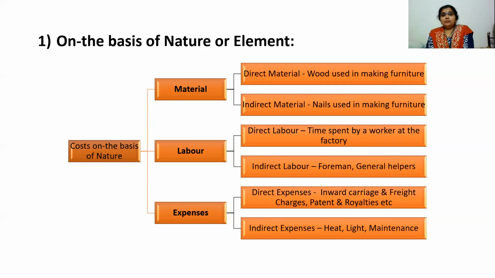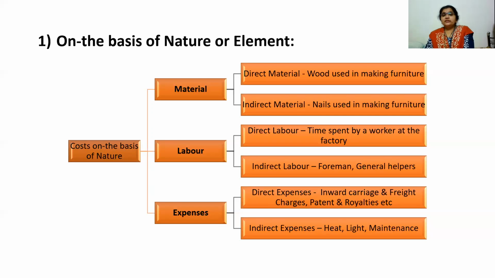Direct labor is the time spent by a worker at the factory, the time the employees of an organization are involved in conversion of raw material into a finished good. Then indirect labor, like helpers, supervisors and foremen, all come under indirect labor.